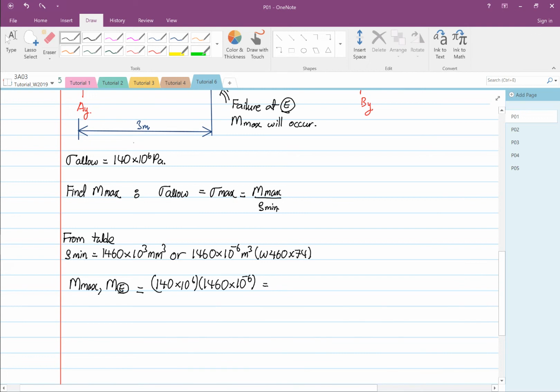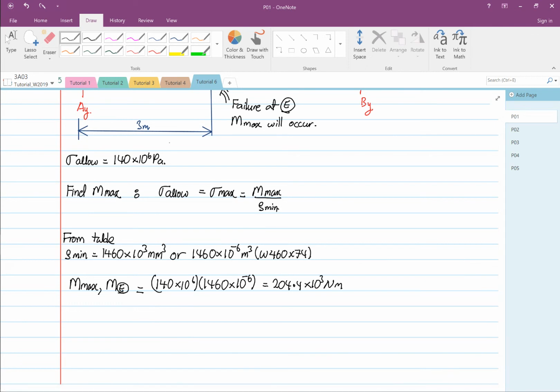The outcome from this is 204.4 times 10 to the power 3 Newton meters. So that's what is found.